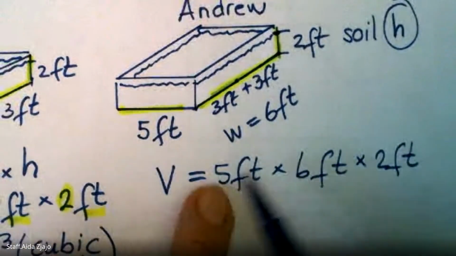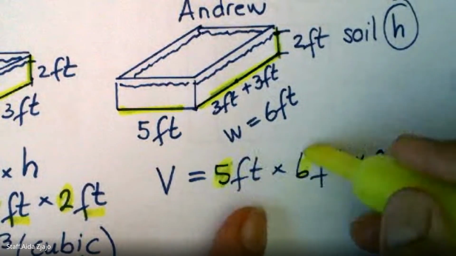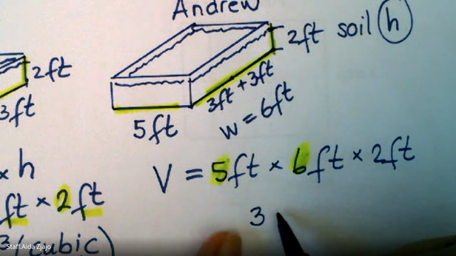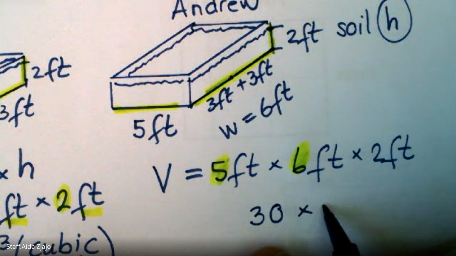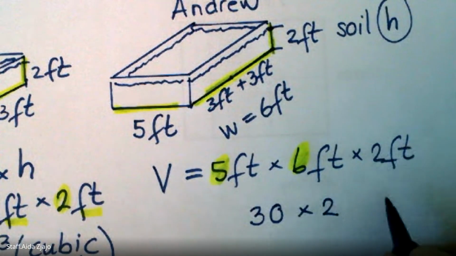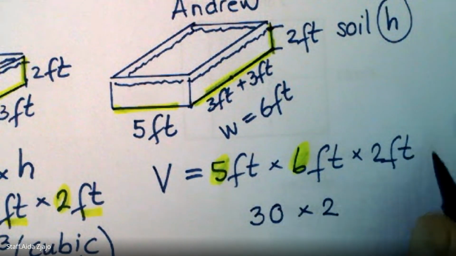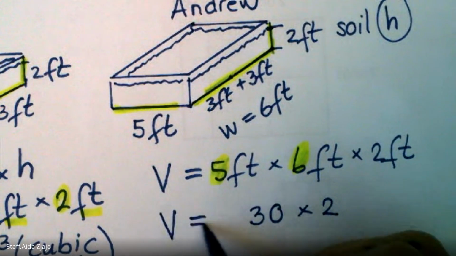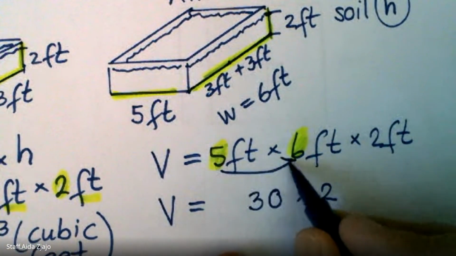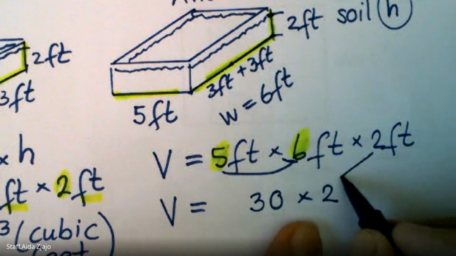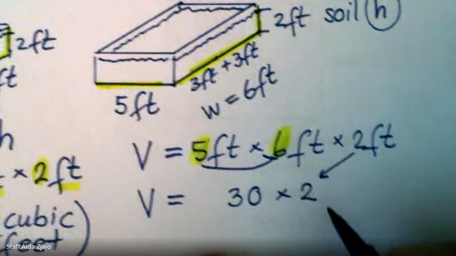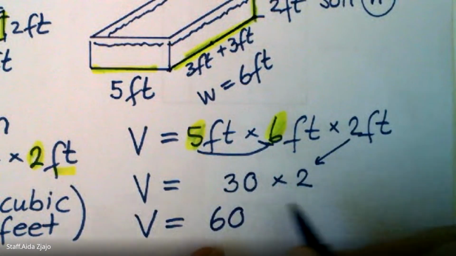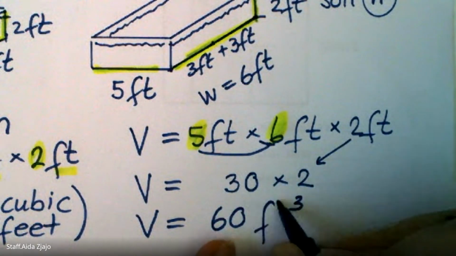So now 5 times 6, or 6 fives, is 30, times 2 would be 60 cubic feet. So if you go in steps, 5 times 6 is 30, and then you do again times 2. So that makes the volume equal 60 cubic feet.